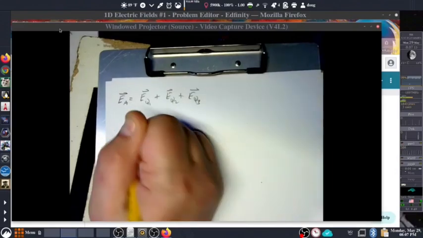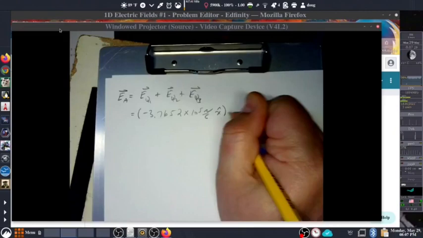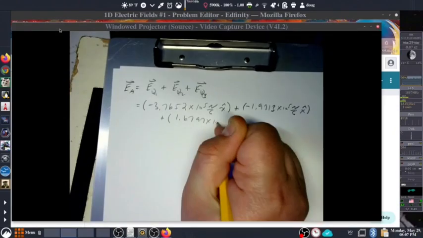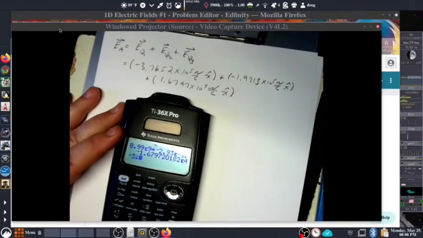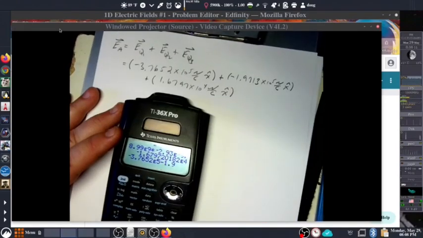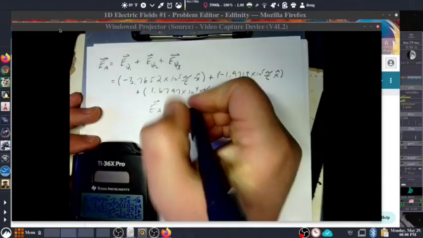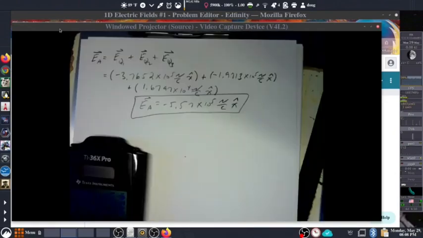So now if I add those together, that would be the total electric field at that point A.